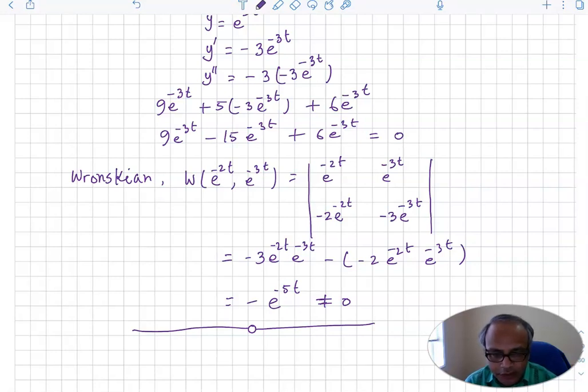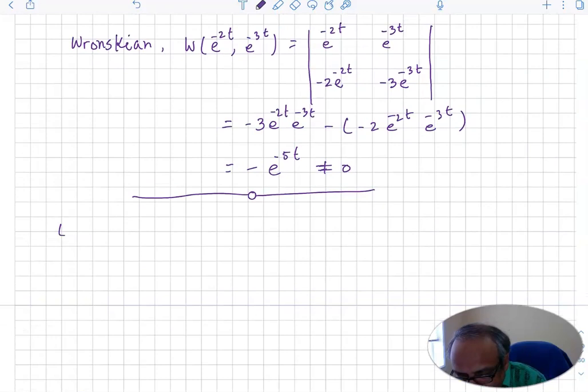So this way you collect some functions. For a second order differential equation, you would expect two solutions. Then, in order to determine whether the solutions you have found form a fundamental set of solutions or not, you calculate the Wronskian. Hopefully the idea is clear.